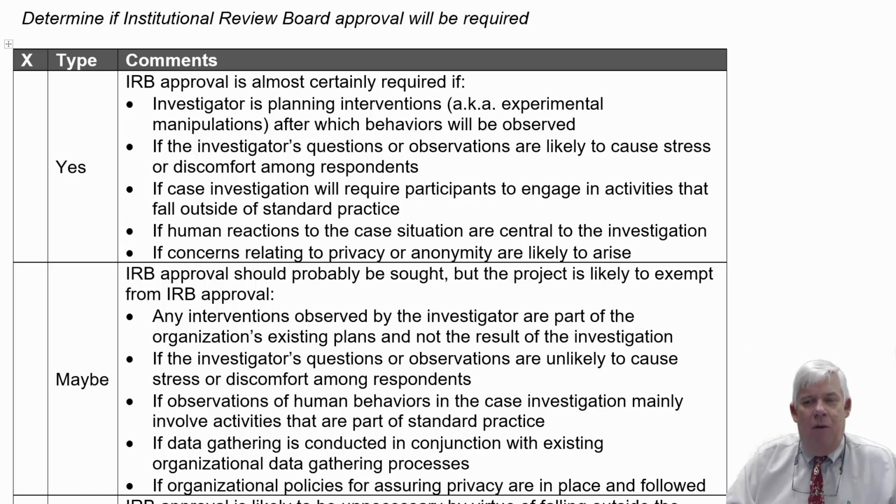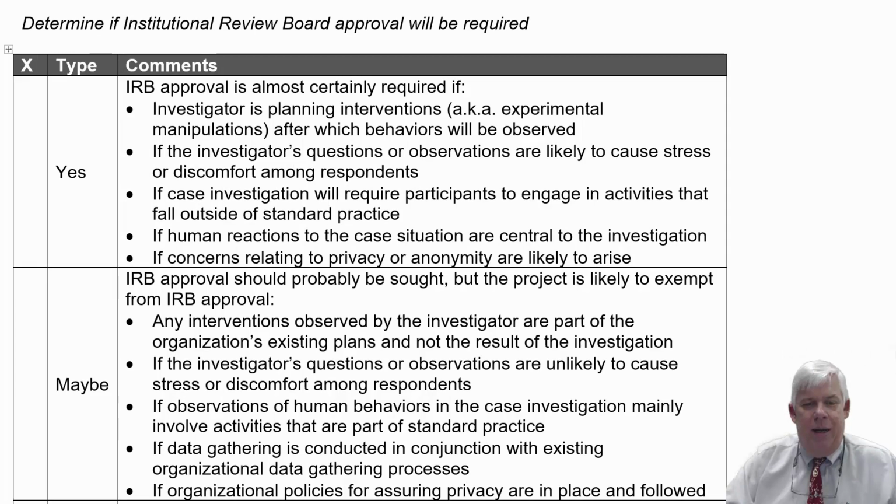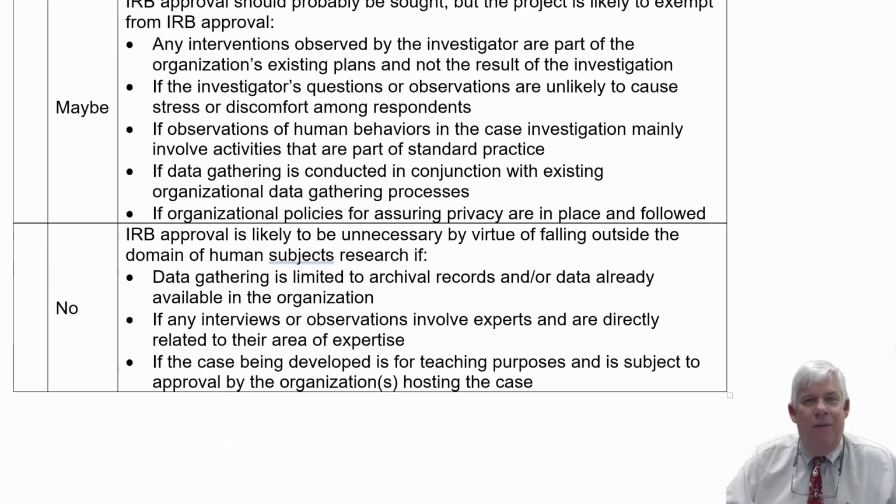Now, there are also conditions where the IRB is very unlikely to be involved, and most commonly it's because the particular thing you're doing is not classified as human subjects research.